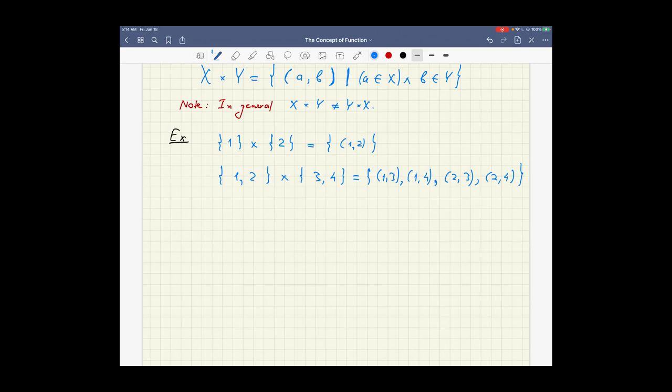It should be clear that the definition doesn't depend on any numbers, and in fact, the elements of our sets that we multiply need not be numbers. I can, for instance, consider the following example.